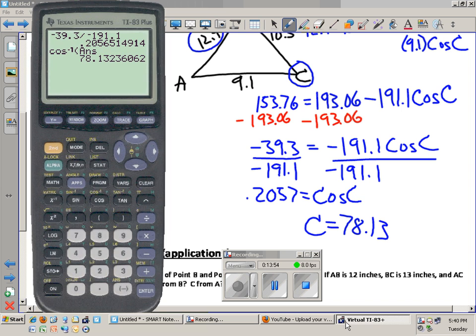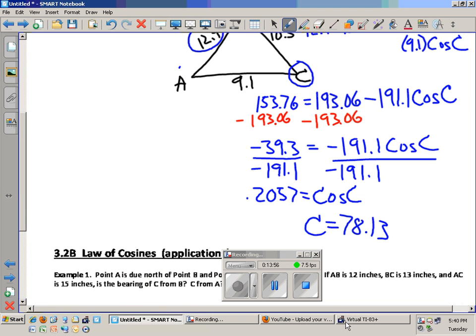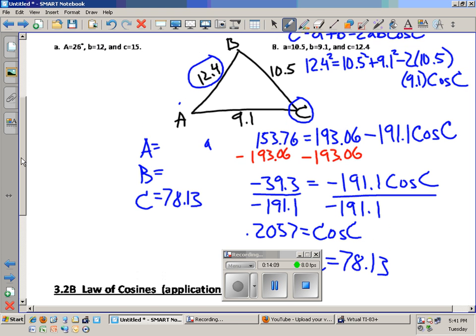Now we can actually start listing off all of our pieces. A is equal to, B is equal to, C is equal to. C is 78.13. Side A, 10.5. Side B, 9.1.